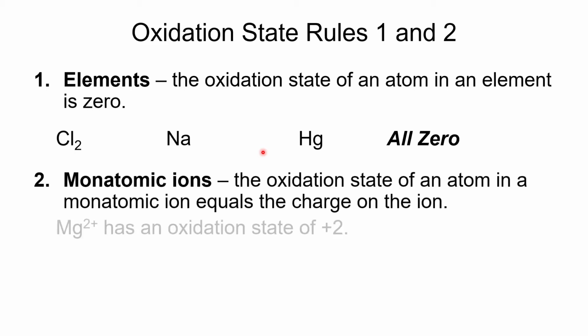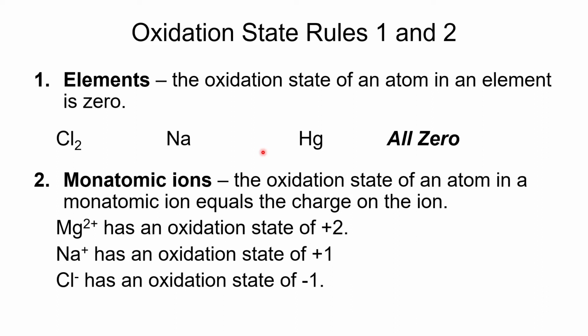If you have a monatomic ion, an ion where you can tell what its charge is, then whatever its charge is, that's its oxidation state. So for a monatomic ion, it's just the charge. For example, magnesium in a compound is going to be magnesium 2+, so it will have an oxidation state of +2. Same thing with sodium and chloride: they have oxidation states of +1 and -1.